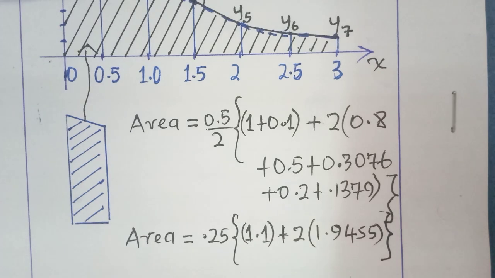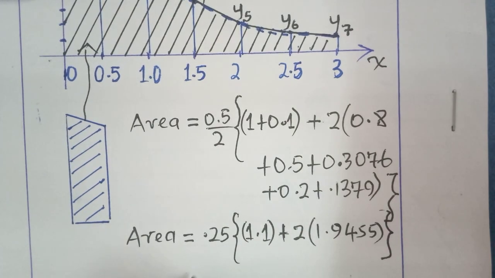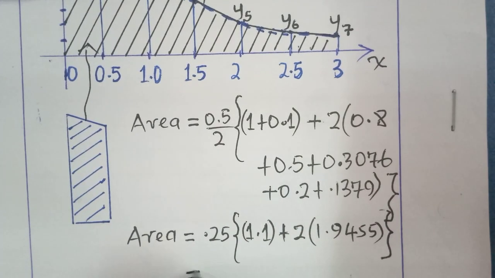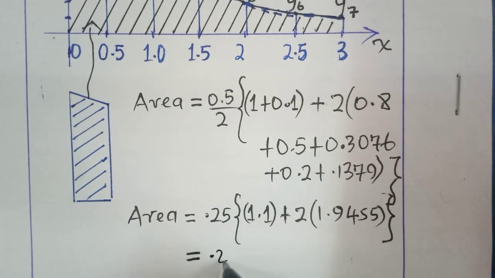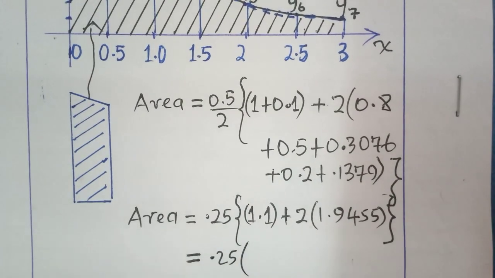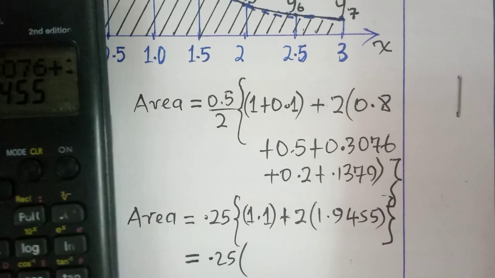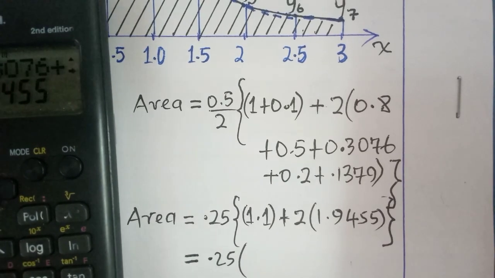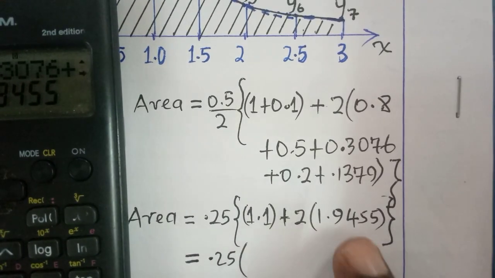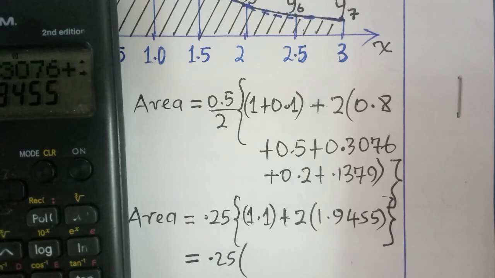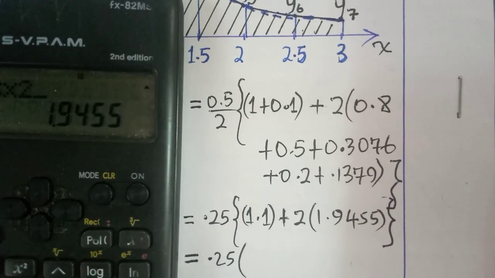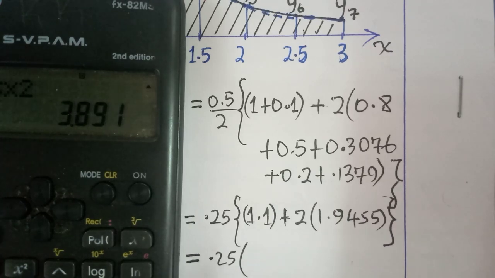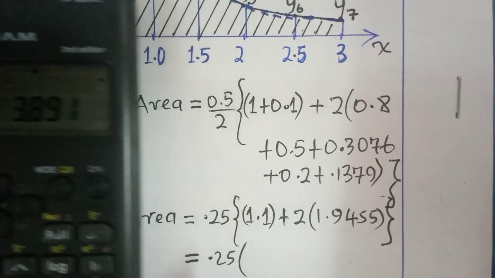From there we come and complete our calculations. Here we have 0.25, multiplied by 1.9455 times 2, which gives us 3.891.